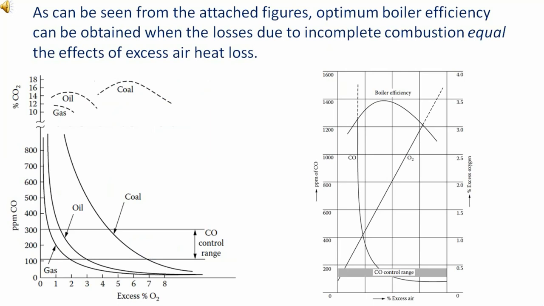As can be seen from the attached figures, optimum boiler efficiency can be obtained when the losses due to incomplete combustion equal the effects of excess air heat loss.